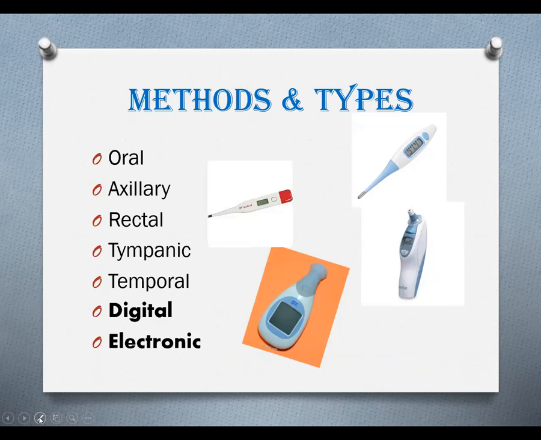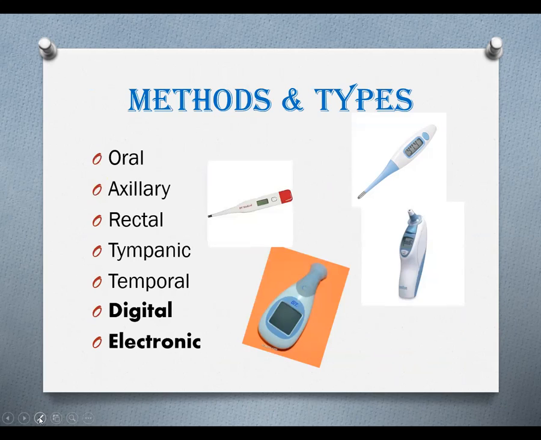Methods and types of measuring body temperature. You have the oral thermometer, which nowadays, if you are using an oral thermometer, will have to be kept just to be used for that one person, and it's not shared.